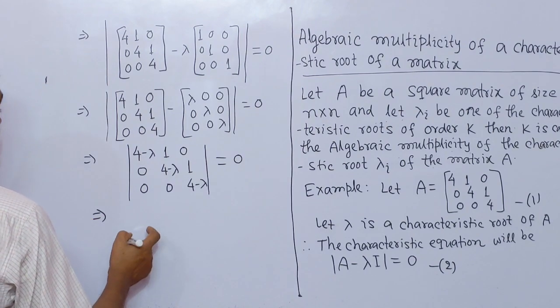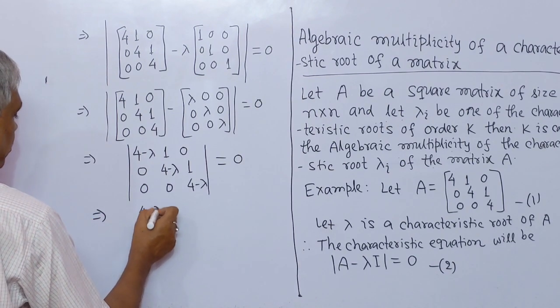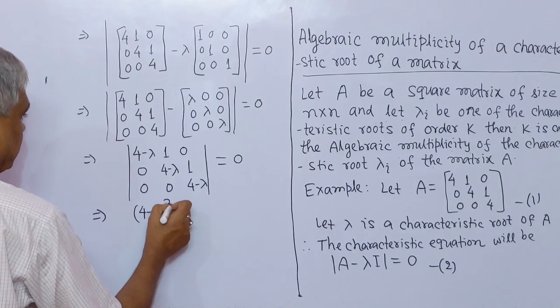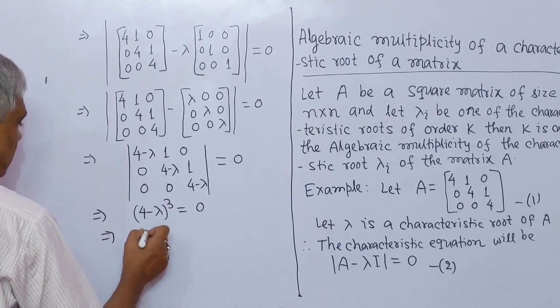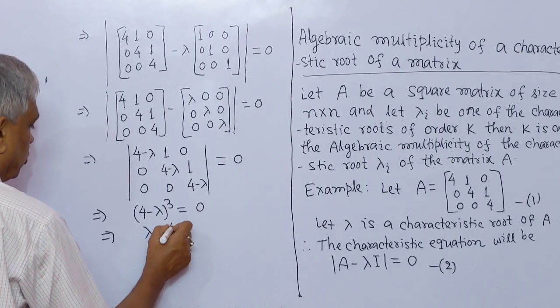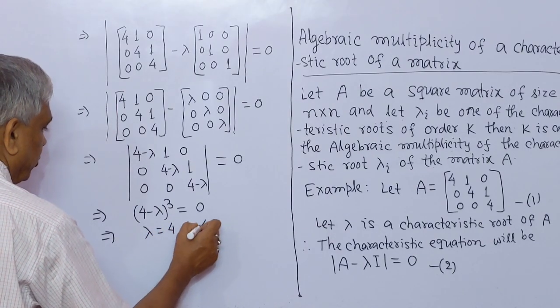If we take this determinant, we get (4 minus lambda) whole cube equals 0. This implies lambda equals 4, 4, 4.